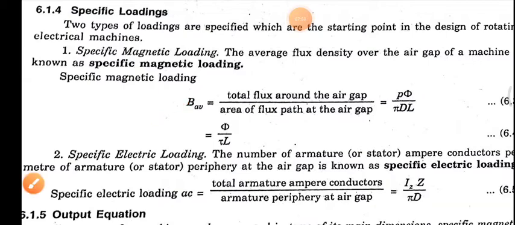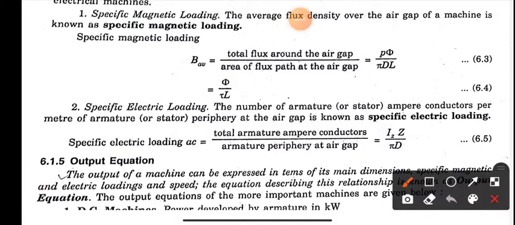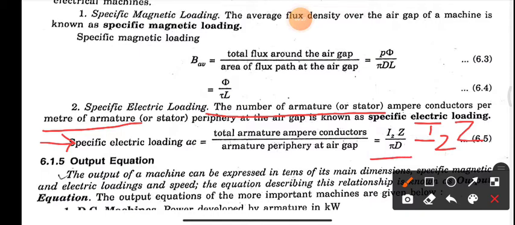Now moving further, what is specific electrical loading? Specific electrical loading is the number of armature ampere conductors per meter of the armature periphery. The formula will be total armature ampere conductors, which we have already derived, that is Iz into Z, over the armature periphery at the air gap, the outermost surface, which is given by pi d.